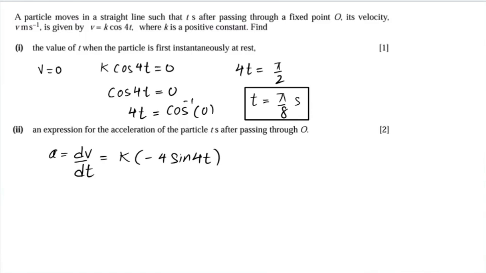If you haven't revised differentiation in a while, when you differentiate a trigonometric function with a composite angle, you multiply by the derivative of the angle, which is the chain rule. This is now written as minus 4k sine 4t, and that's it.